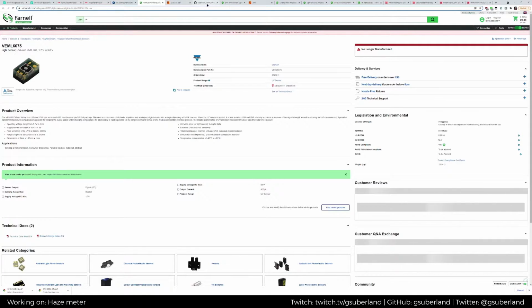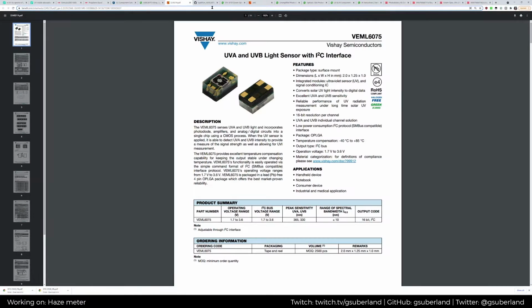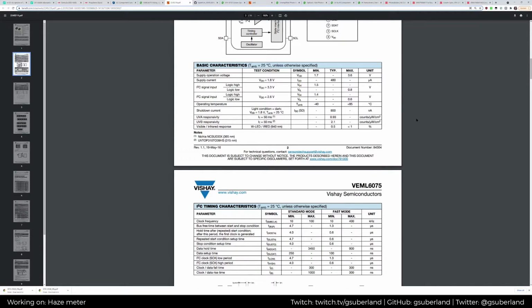I may end up using them. I might not, but this seems to be one of the good ones for UV. So the datasheet: this is a true UVA and UVB sensor. It's not like a violet sensor that pretends to be a UV sensor.